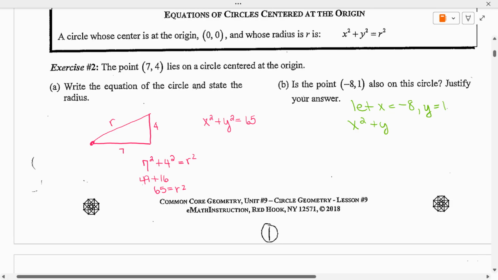X squared plus y squared equals 65. Well, if x is -8, -8 the quantity squared, plus if y is 1, y the quantity squared equals 65. Let's see. What is -8 times -8? It's a positive 64. And what is 1 times 1? So what is 64 plus 1? So does the point -8, 1 lie on my circle? Yes.